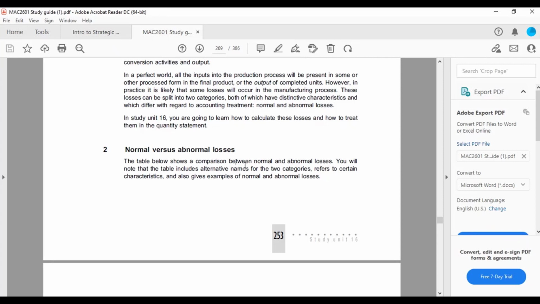And then obviously if initially they measured 100 mils and then it ends up on 90 mils, then that 10 mils that have been lost during evaporation, I think that is normal loss. And then maybe we are in the process and we have load shedding and then our medication doesn't end up complete and then we end up throwing it away, then that is an abnormal loss. I don't know if that is fine.